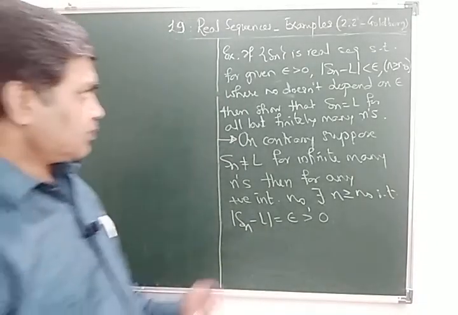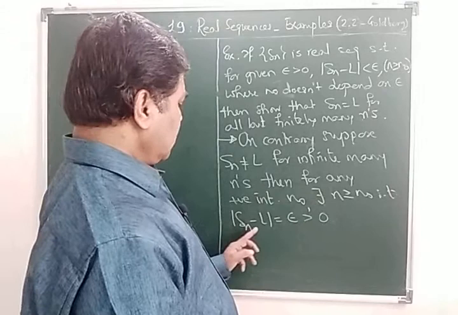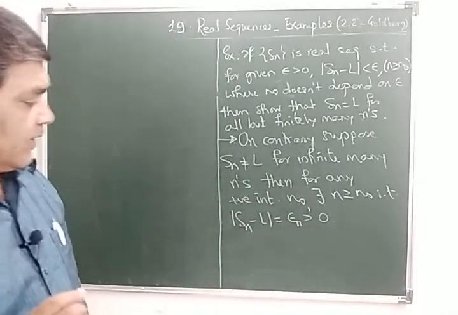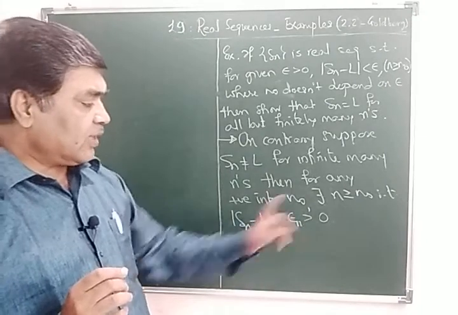Is it clear? So this mod Sn minus L is equal to epsilon n, and this is greater than 0.